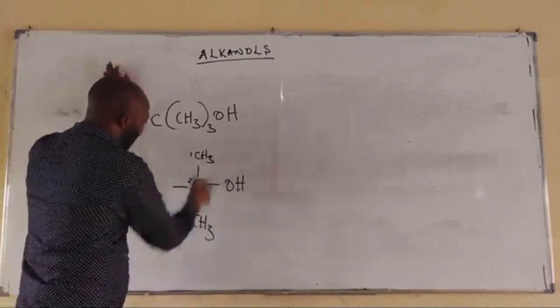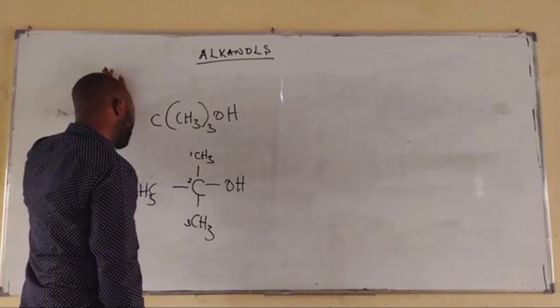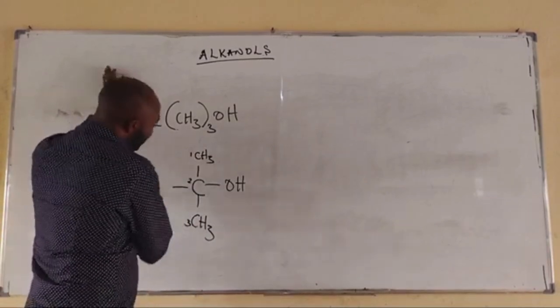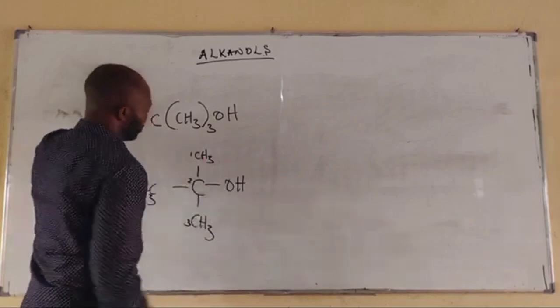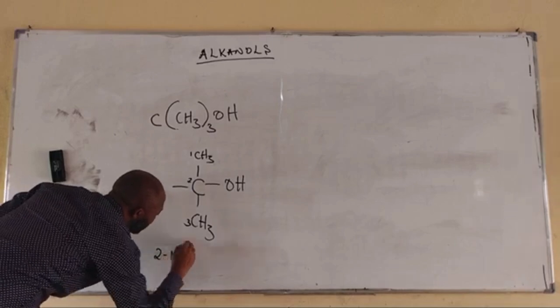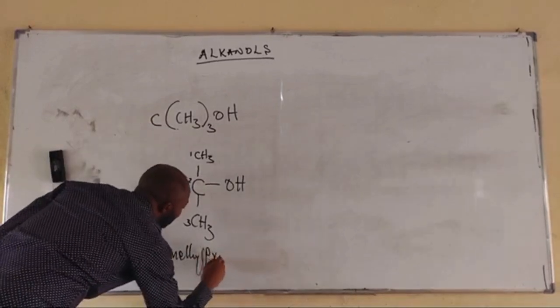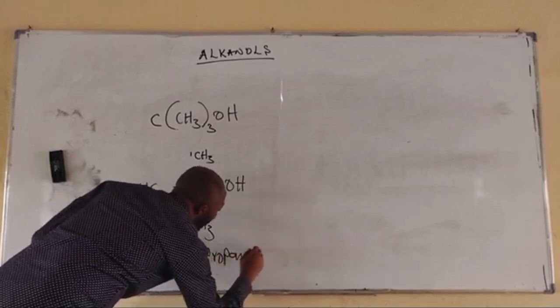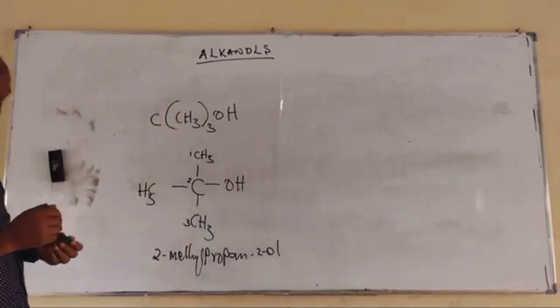So if this is our 3, our parent chain is our propane backbone. So we have 2 methyl propan 2-ol, or 2 methyl 2-propanol.